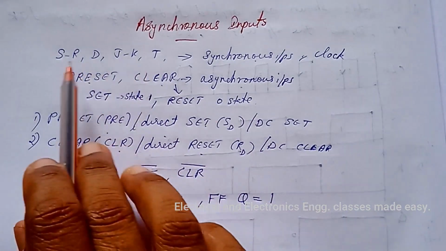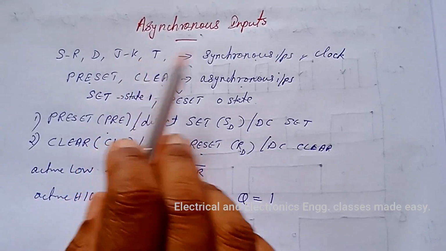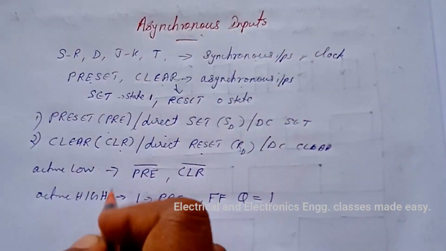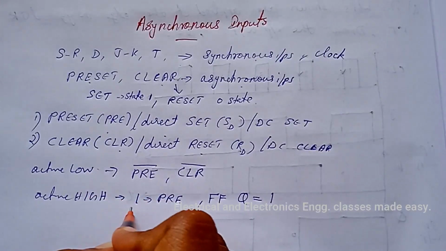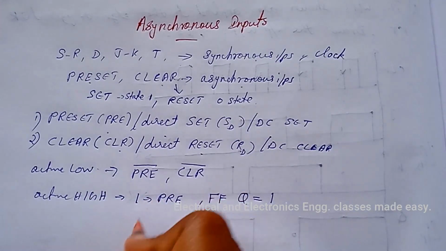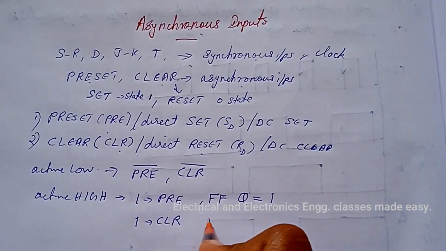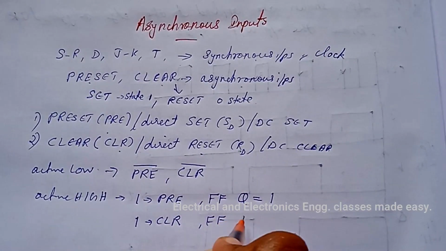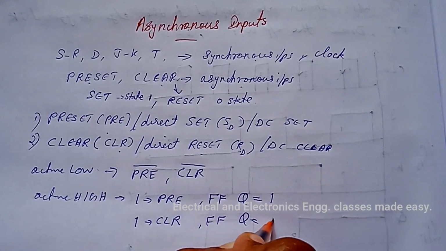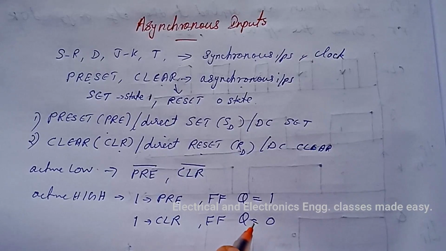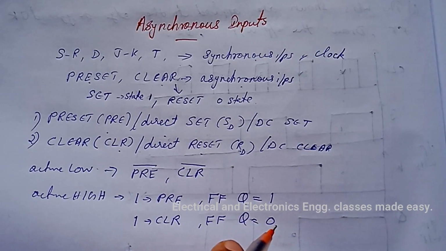Other inputs means SR, D, JK and T inputs. Similarly, if a constant 1 is held on the clear input, then the flip-flop will remain in the Q equal to 0 state regardless of what is occurring at the other inputs.